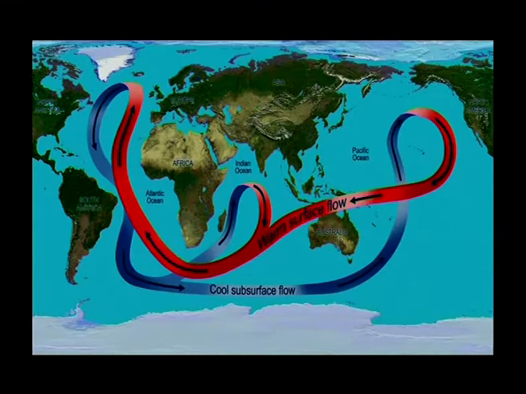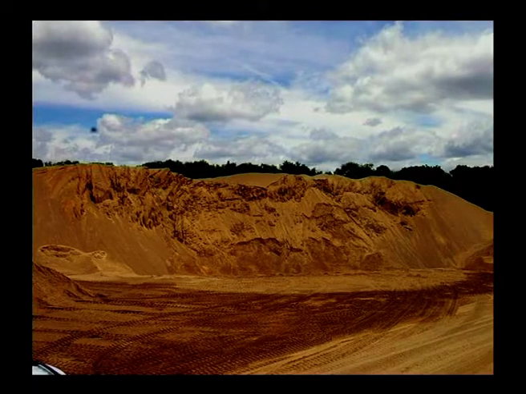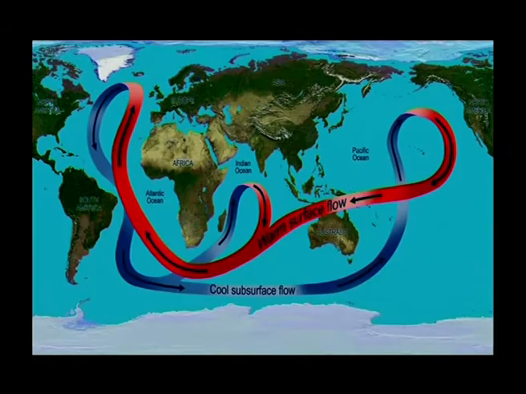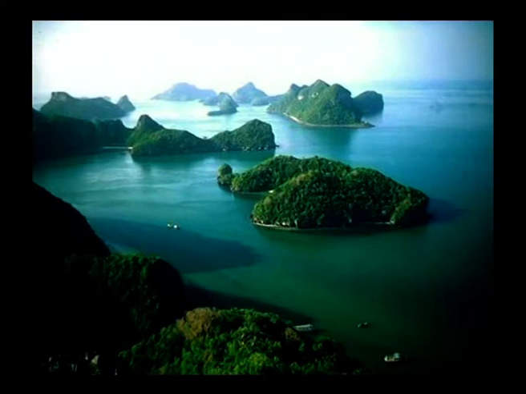More locally, the surface currents affect the climates of coastal continental regions. Cold currents flowing towards the equator on the western sides of the continents produce arid conditions. Conversely, the warm currents flowing poleward on the eastern sides of the continents produce warm, humid conditions.